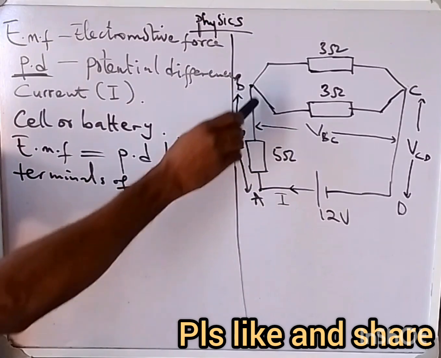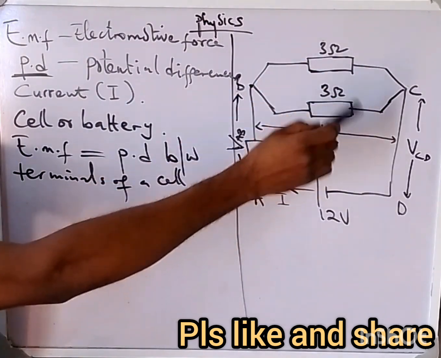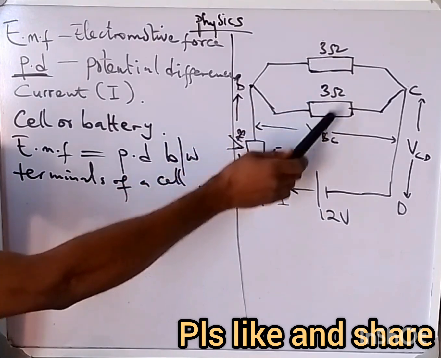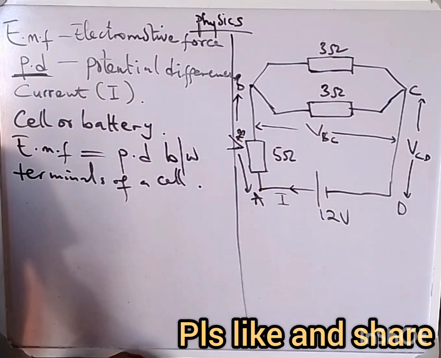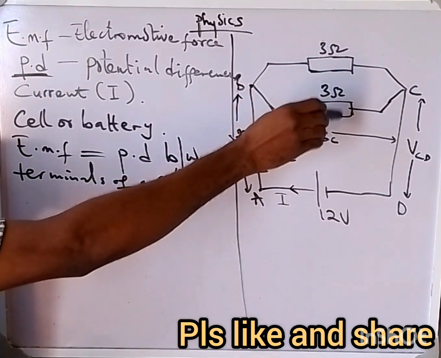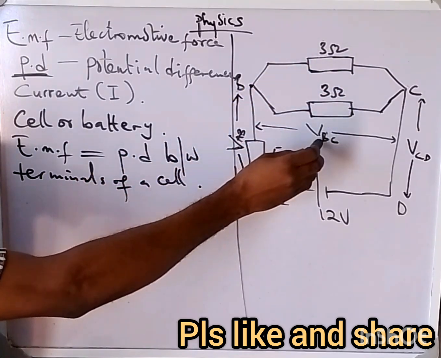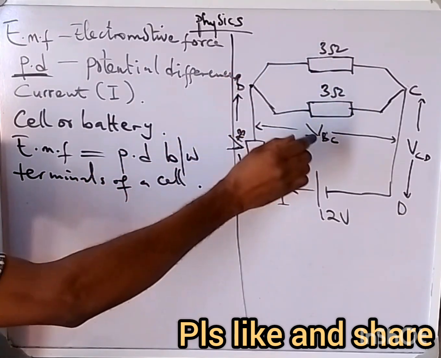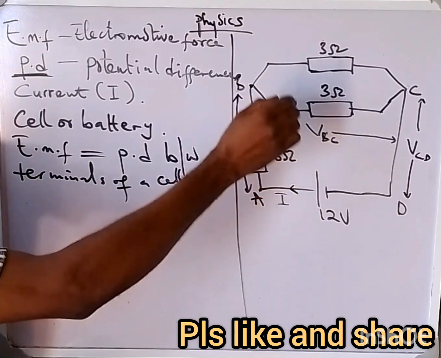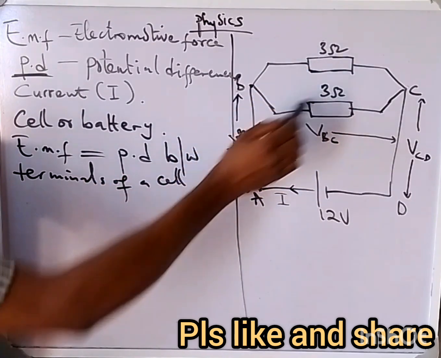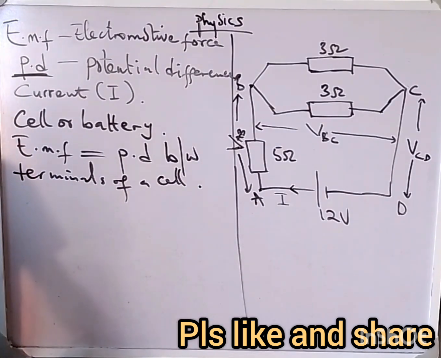Then, when you look at what is happening in this circuit diagram, discover that these two resistors in this circuit have the same potential difference. So it is the same potential difference across 3 ohms here that is applied for the other 3 ohms.